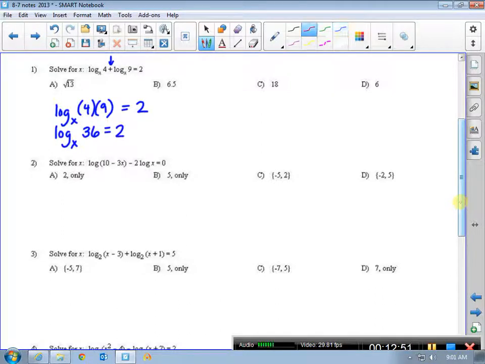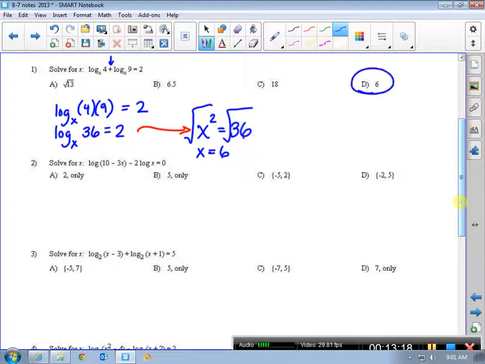And now you want to change that to exponential form. Your base is x. Your exponent is 2. X squared equals 36. We could solve by square rooting both sides. And you would get x equals 6. Not plus and minus, because a negative cannot go in for the base. So that is D.